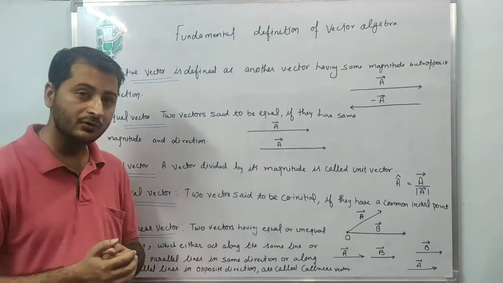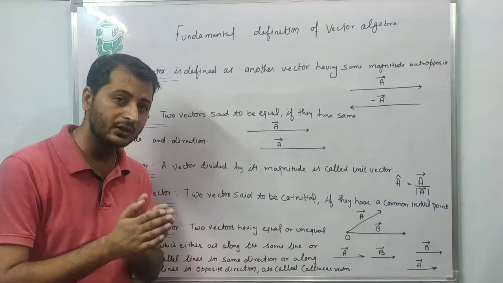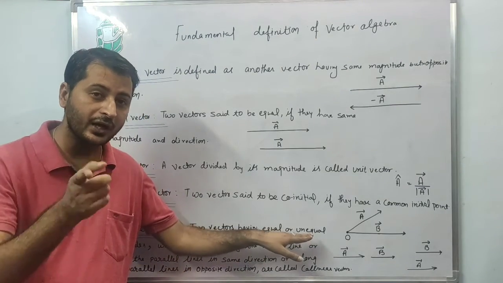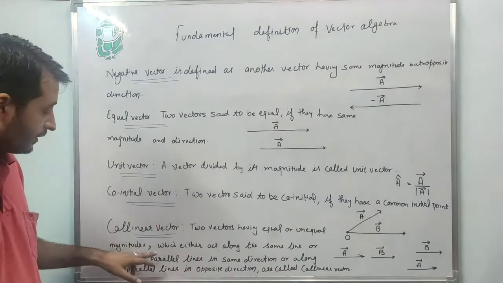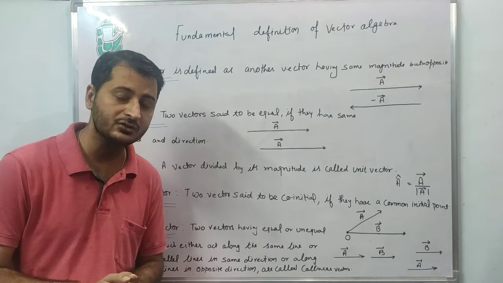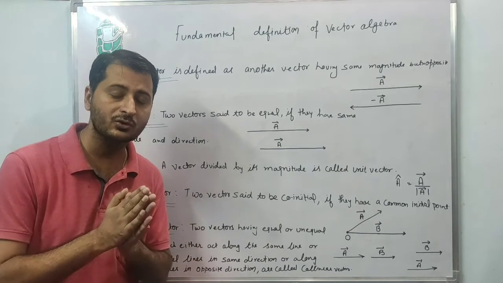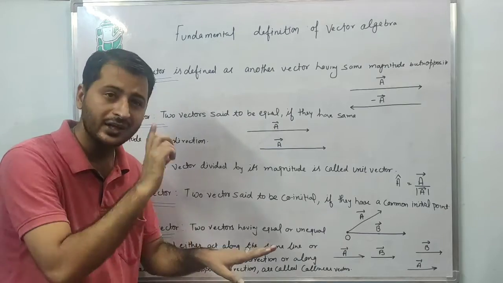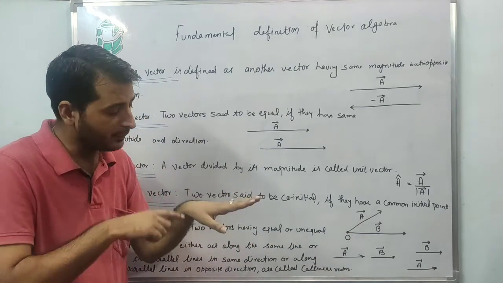Whereas collinear vectors are two vectors having equal or unequal magnitude, which act along the same line. That is called a collinear vector. What does it mean? Assume we have a long straight line.